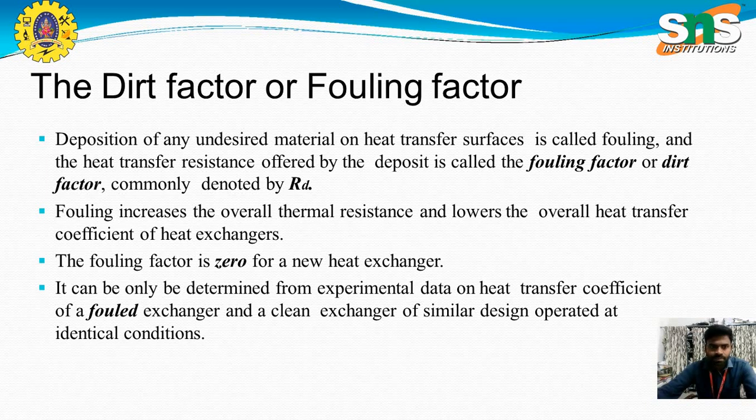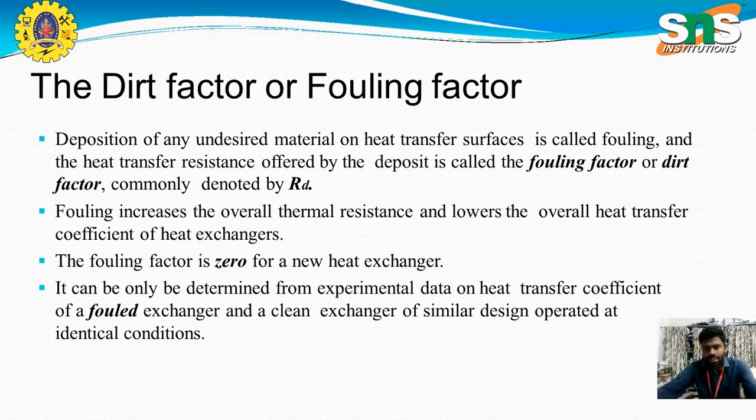See here, the deposition of any undesired material on heat transfer surfaces is called fouling, and this fouling, or dirt, the unwanted material, will act as a resistance to heat transfer. Once it forms a layer on the surface of the heat exchanger, it will automatically reduce the heat transfer from one medium to another.